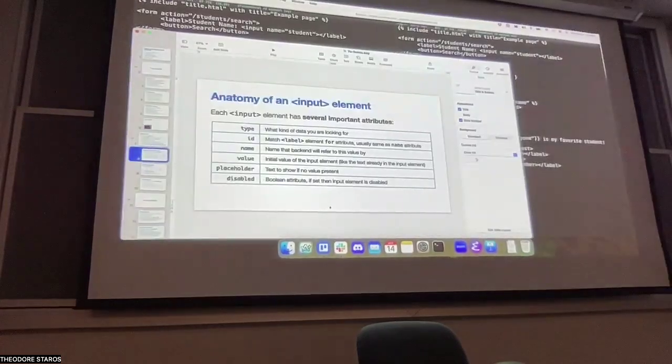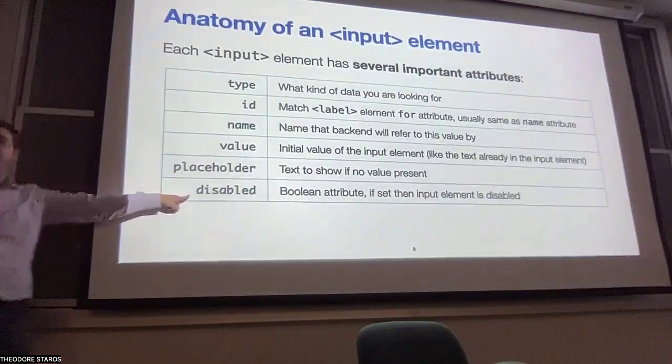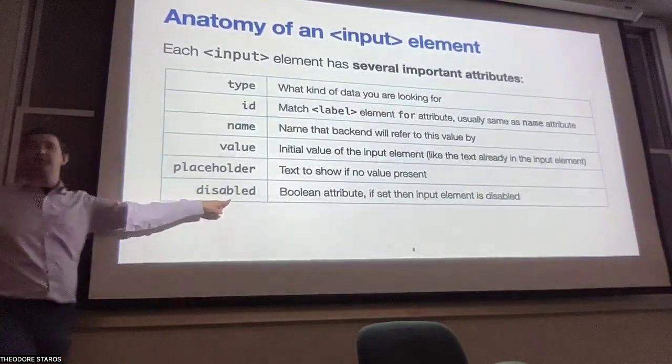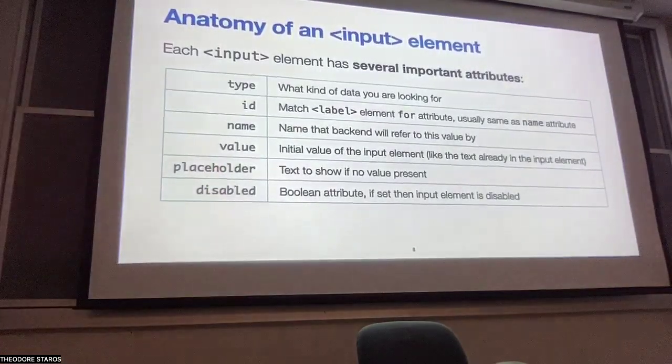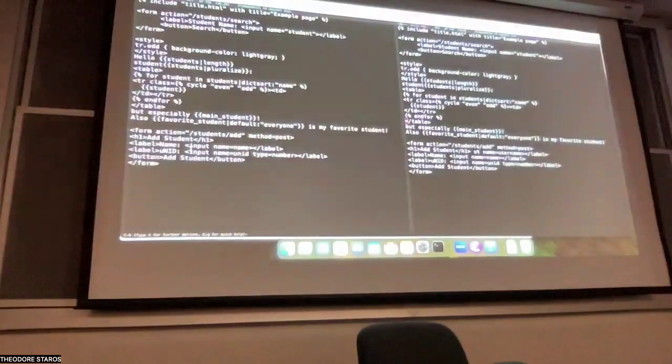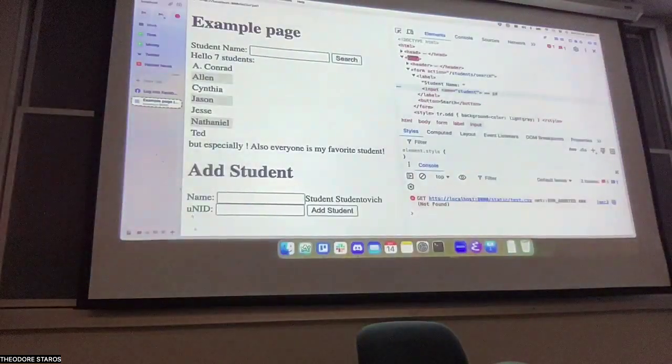There's a couple of other input attributes that I have here. One that's pretty useful is disabled. You can put this on any input box and it just disables it. And it's also sometimes helpful to have a placeholder, which is what to show if the user hasn't typed anything in. So for example, here, student, you know, just give people an example of what they're gonna type.